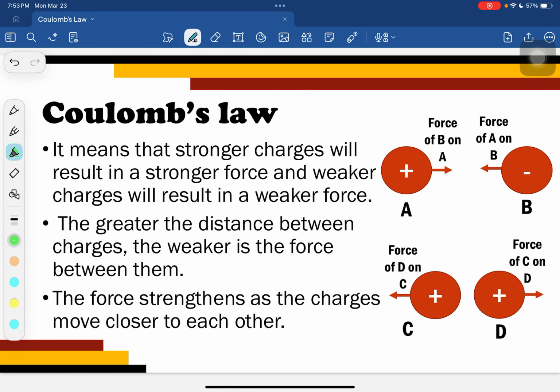So we have already discussed this previously. Again, if one is positive and the other one is negative, this is attractive, and this is repulsive. Very easy to remember.